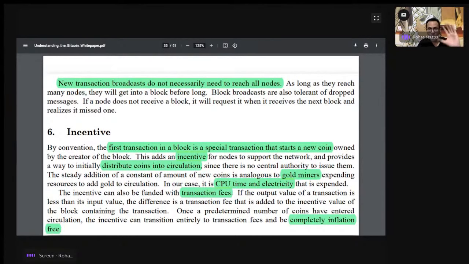And logically, as a miner, I will take only the ones which give me the most fee. Then comes a time when I feel, okay, there are not too many transactions, so I take even the free ones, which is why, remember, on the blockchain, in proof of work, transaction fee is optional. It is not mandatory.